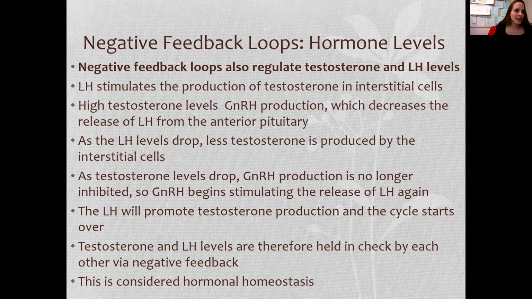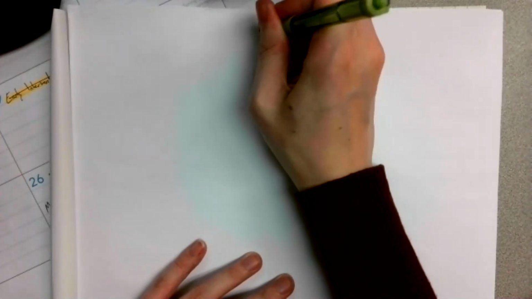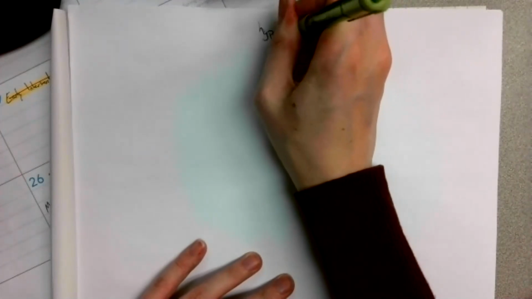Okay, what I think I'm going to do now is flip over the camera and do a little flow chart, kind of showing how the hormones affect the production of sperm and testosterone and the negative feedback loops as well. Okay, so we're going to start at the top, like always, with our hypothalamus.